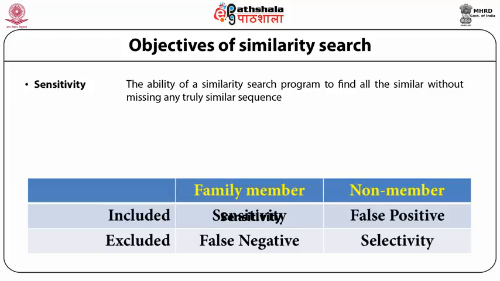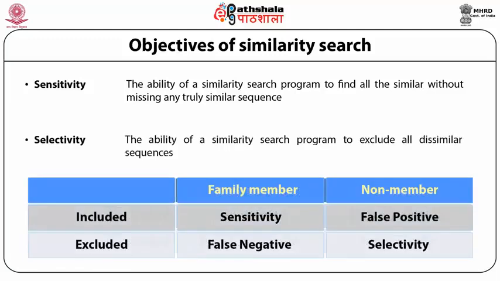False negatives should be minimum. Selectivity, sometimes called specificity, refers to the ability of a similarity search program to exclude all dissimilar sequences. But if a dissimilar sequence is selected, then this is called a false positive. False positives should be minimum for a search program.